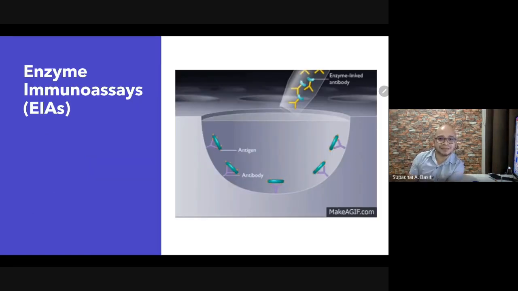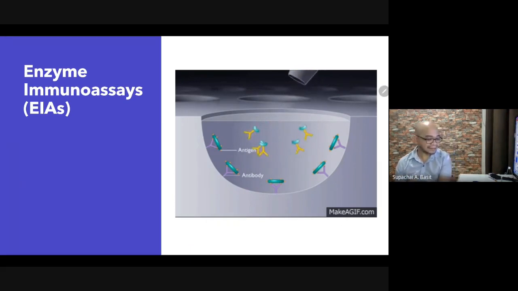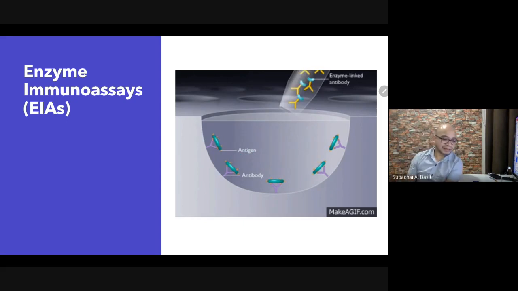Okay, so the principle is like this. The antibody in the solid phase will bind with the antigen, and the enzyme-labeled antibody will bind with the antigen as well. So there would be a sandwich phenomenon, because the antigen is bound in between these two antibodies.